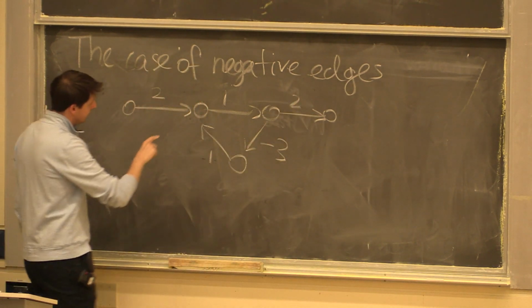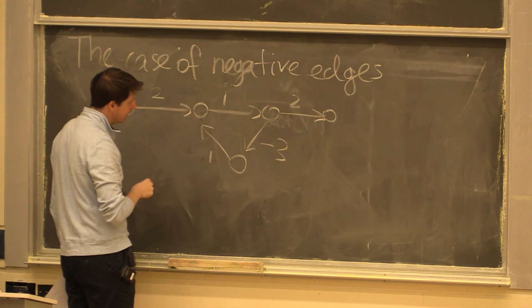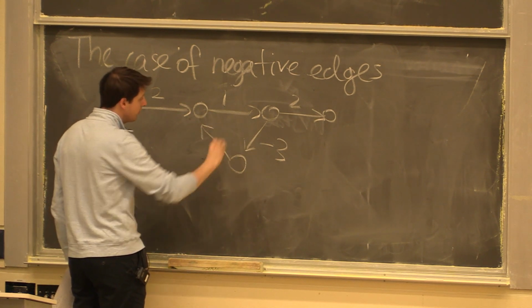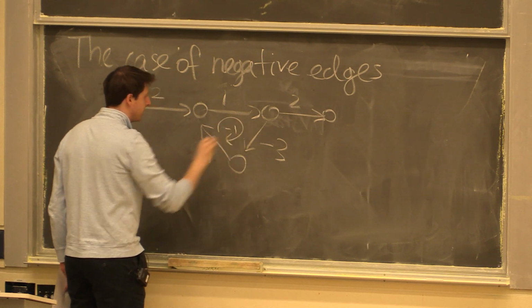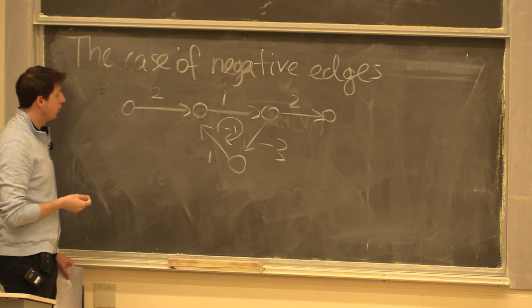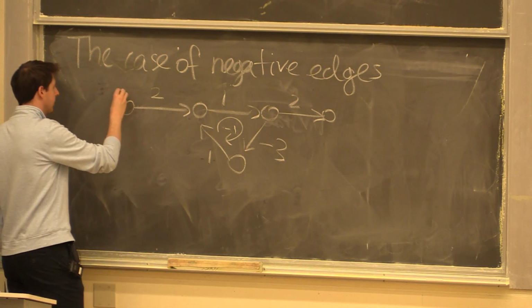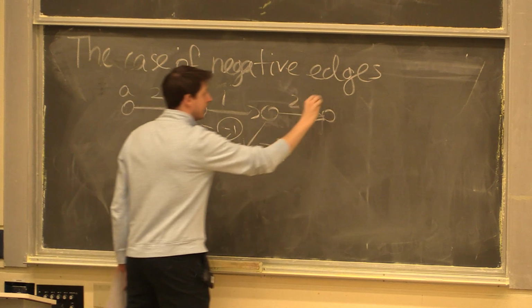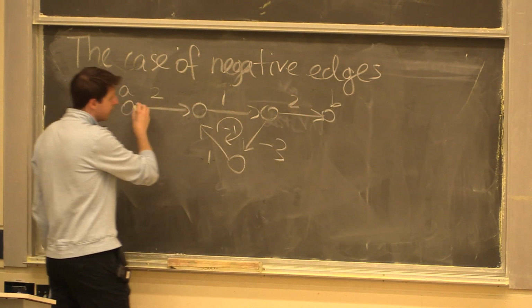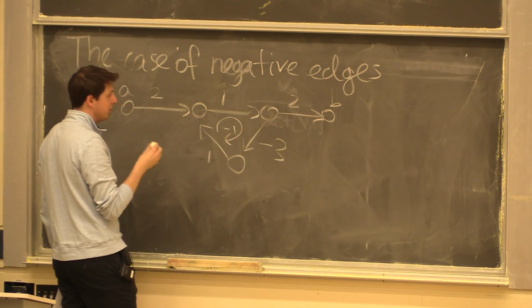If you notice this particular cycle, and you add up all the contributions and go around it once, it has total weight -1. So what is the shortest path from A to B? Well, it is ill-defined, because if you just take this path, it will cost you 5.